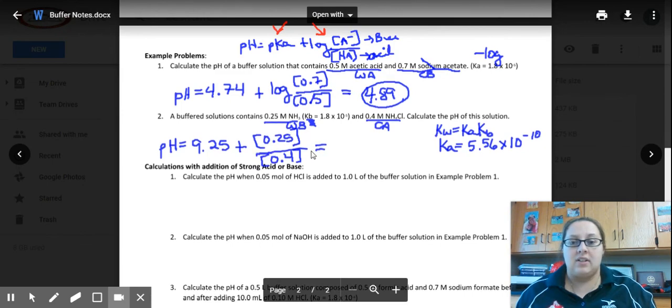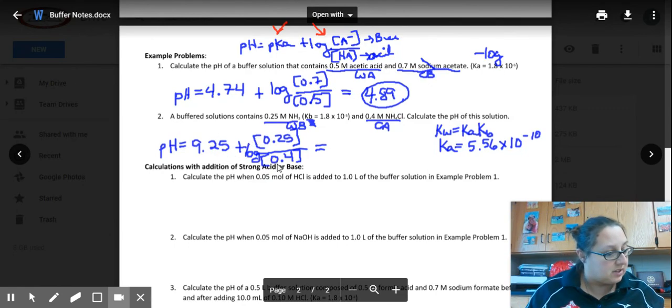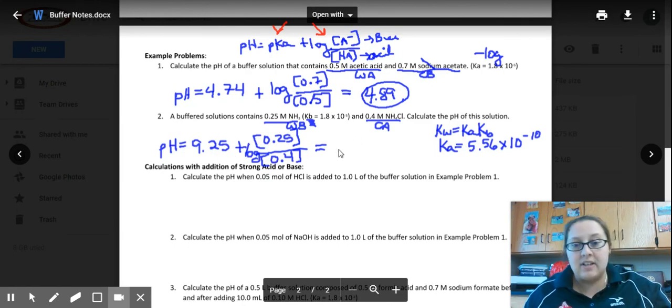I forgot to write log in here. Sorry, I'm very forgetful today. So log of 0.25 over 0.4. Divide those, take the log, add to 9.25, and you end up getting a pH of 9.05.